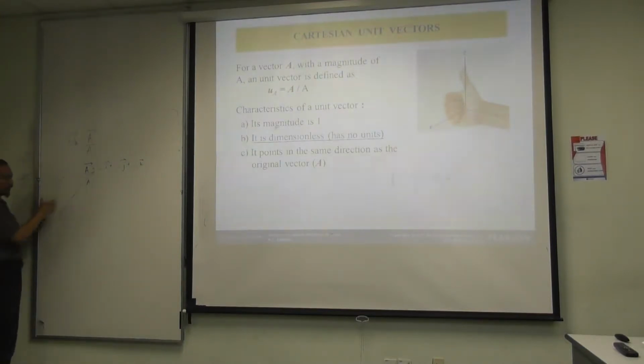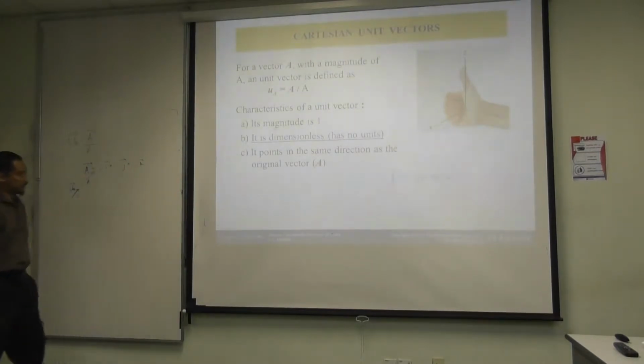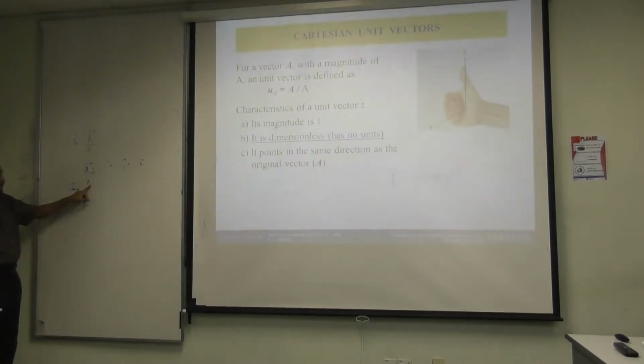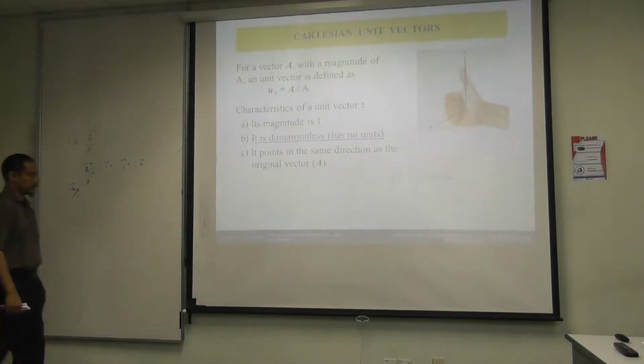So if you have a vector along this line with a magnitude of 1, this will mean the unit vector of A. It's a vector because when you divide these vectors, you will get 1 in this direction. So the magnitude of a unit vector is always 1. It is dimensionless, because if this is in Newton and this is in meter, when you divide, the units cancel and it becomes dimensionless. And it points in the same direction as the original vector.